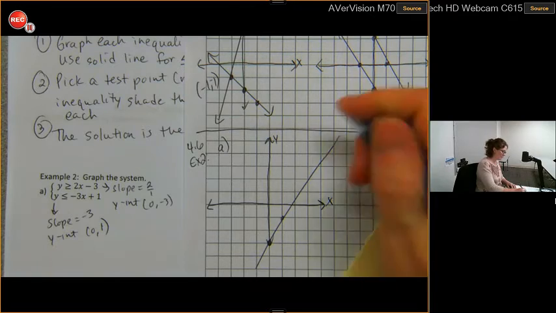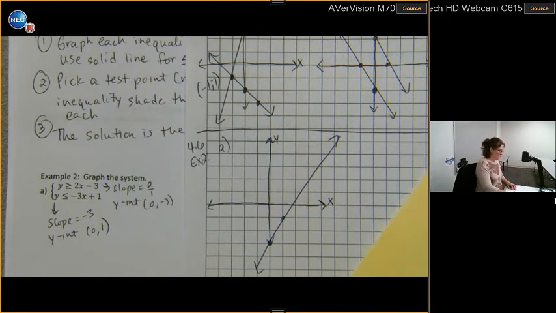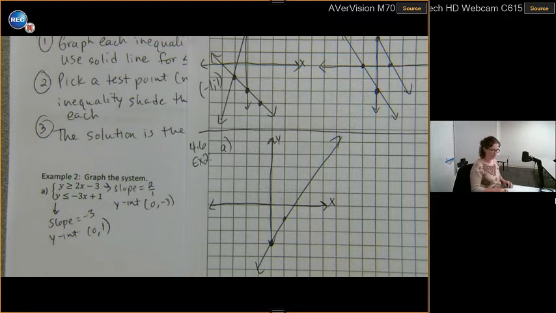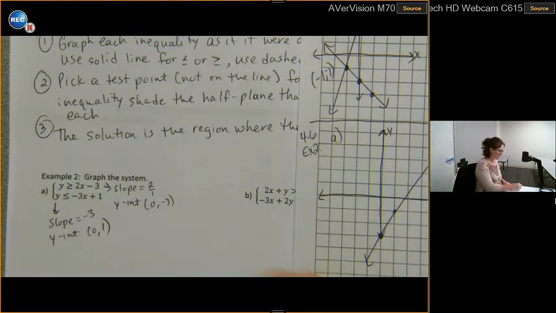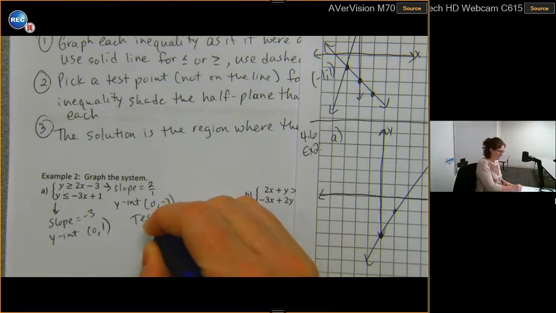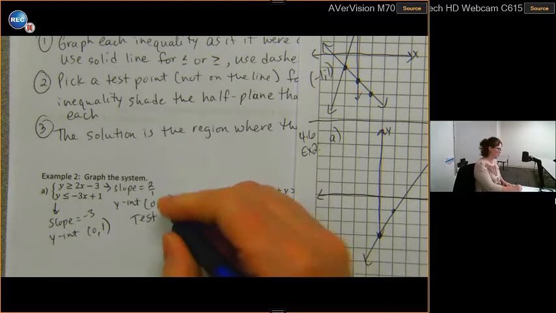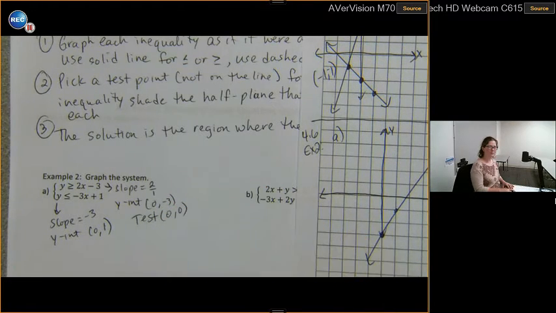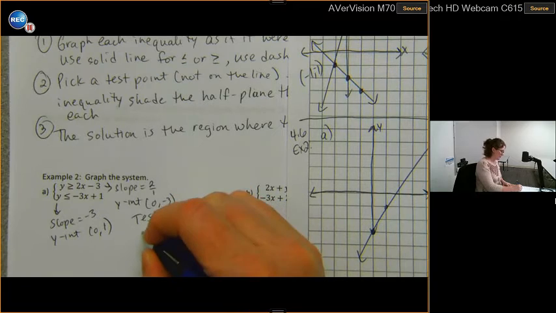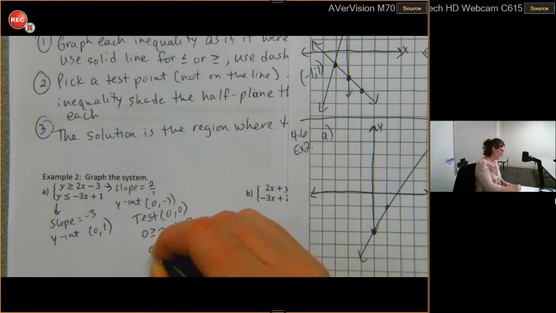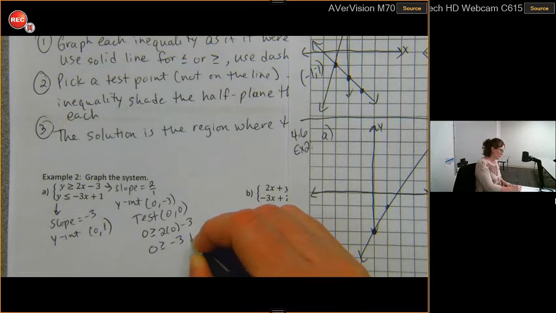Oops, and before I go on and draw in the next line, I'm going to look at my shading. I get to pick whatever test point I want. Since my line does not go through 0, 0, I'm going to go ahead and pick 0, 0 because that's easiest. So when I put in a 0 for the x and the y, I want to know, is this true or not?